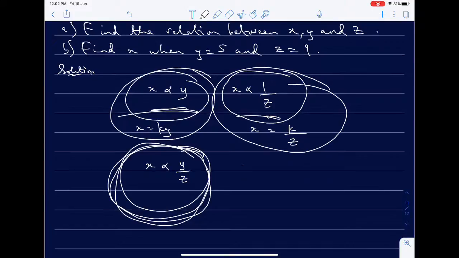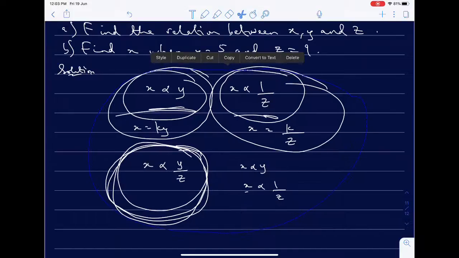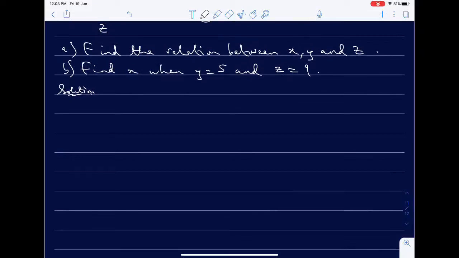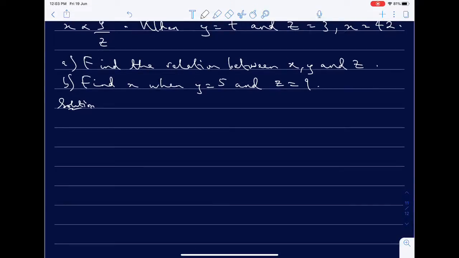And what that simply means is x varies directly as y and x varies inversely as z. The denominator is the one inversely as which x varies, while the numerator is the one directly as which x varies. So, having said that, I think we can go through the solution very simply and without hitches.